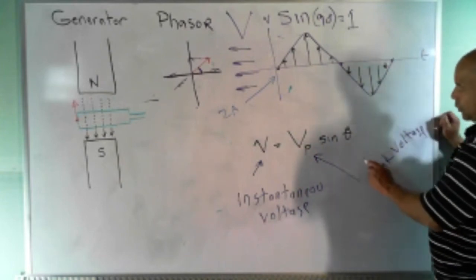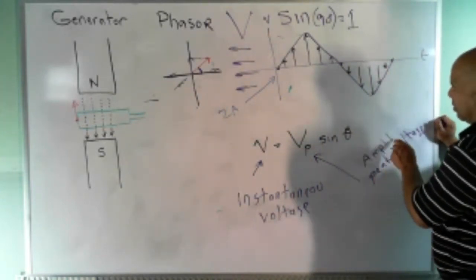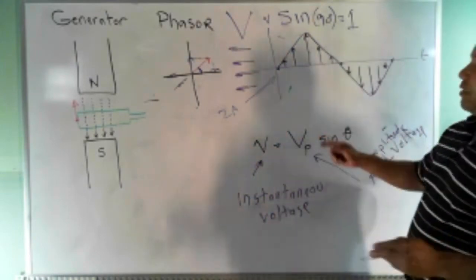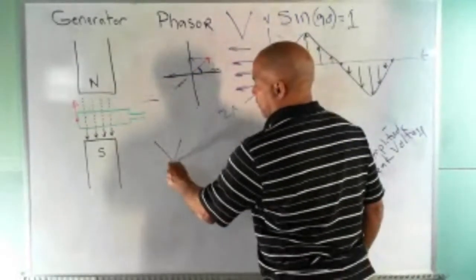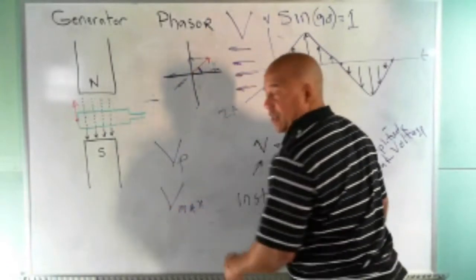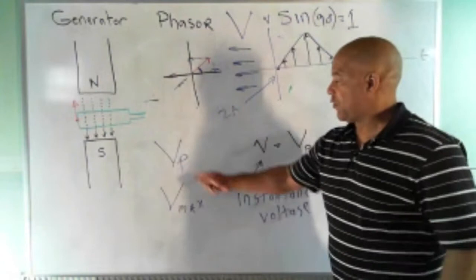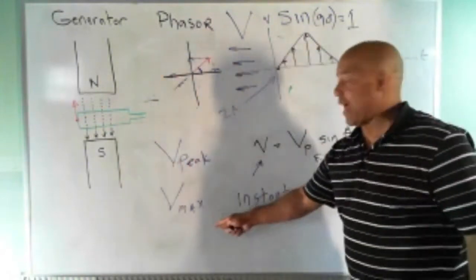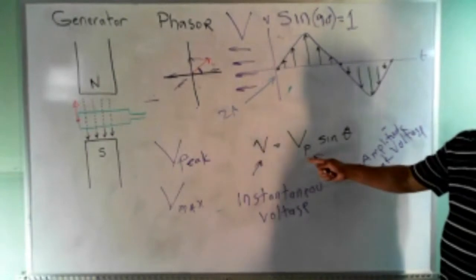It's also called the amplitude. Now, in some books, instead of VP, some books are using VM. That stands for Vmax. Either one is okay. That stands for V peak. So either VP or Vmax is what you'll see right here.